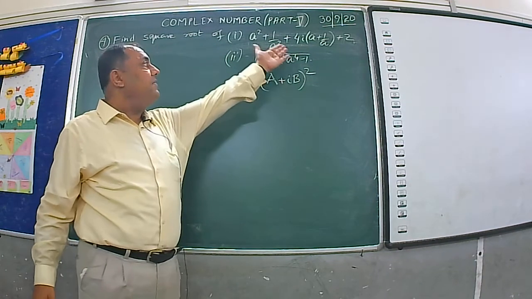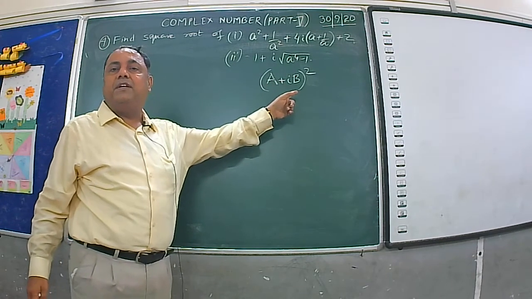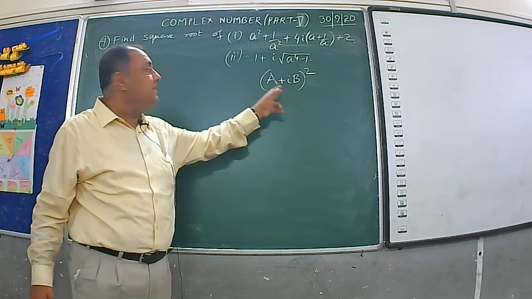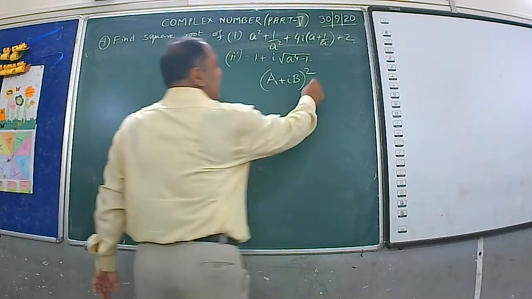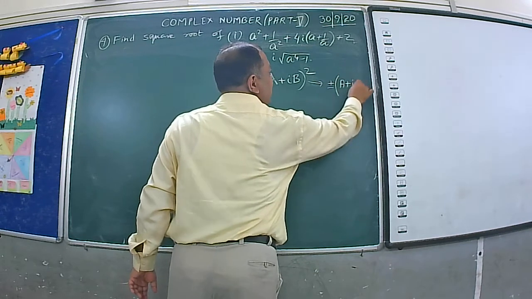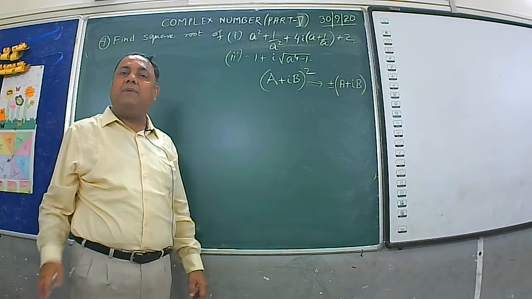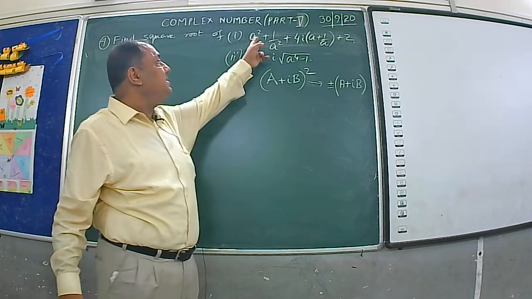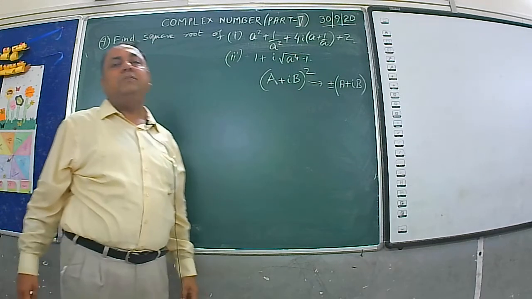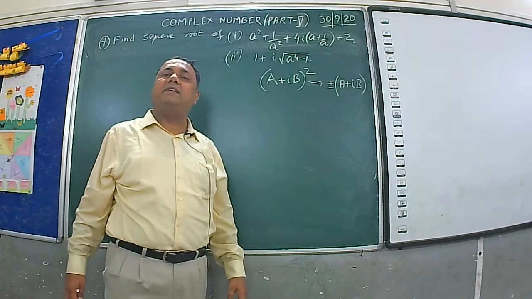If I can do that, I would conclude that the square root of this number is plus minus a plus ib. So our aim for any problem on square root is to express it in a plus ib form.